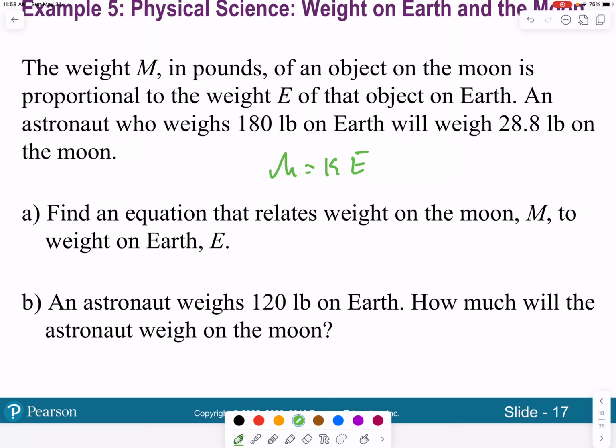It says that they weigh this on Earth and on the moon. So if we have 28.8 pounds equals some k times 180 pounds, then ultimately k should equal 28.8 over 180, whatever that number is.